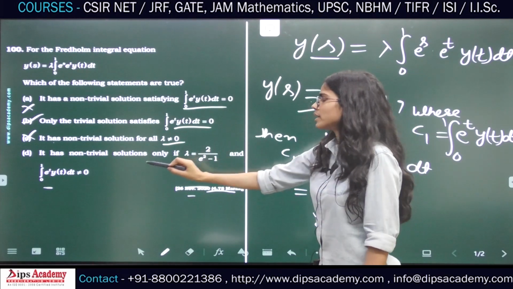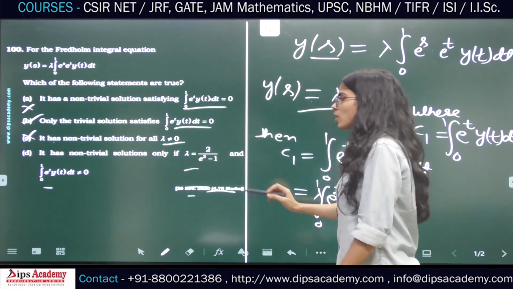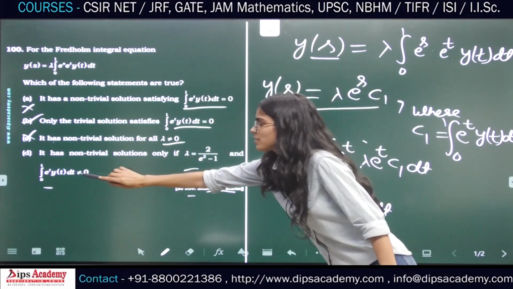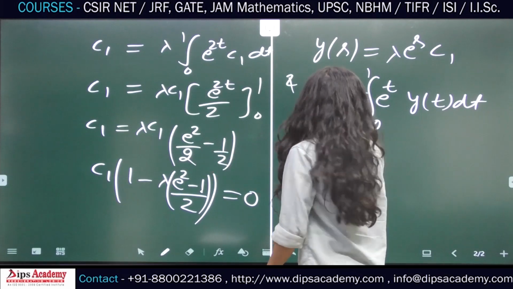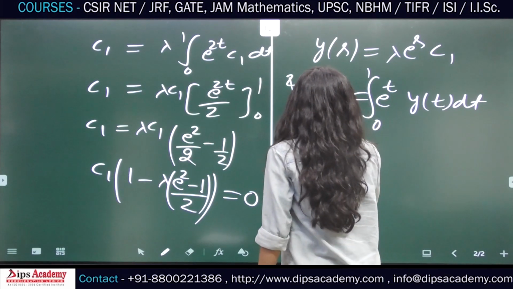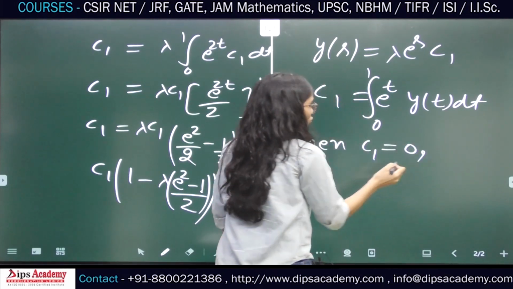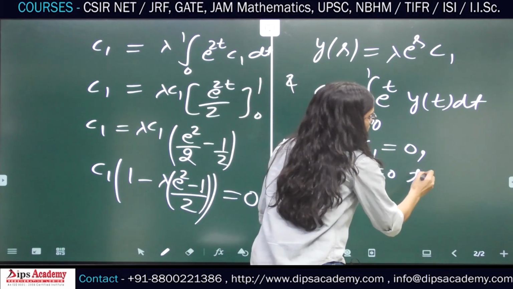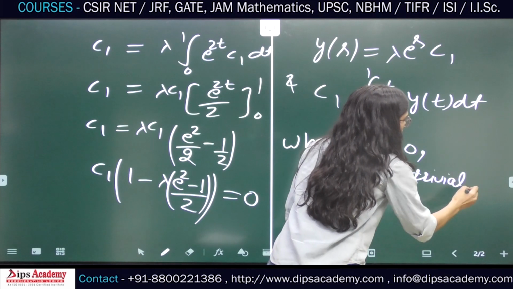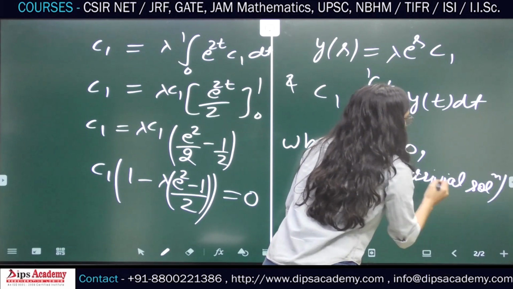The fourth one says it has non-trivial solutions only if lambda equals 2 by e square minus 1 and the integral of e power t y of t dt is non-zero. This is nothing but our c1. Whenever c1 is 0, we get the trivial solution.